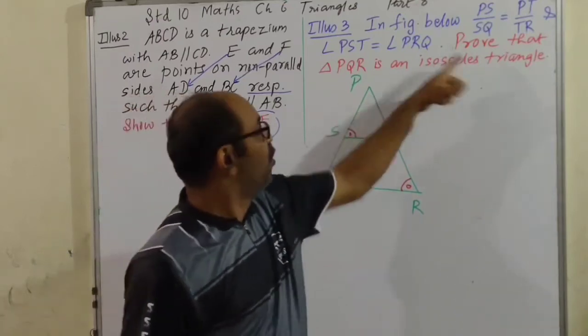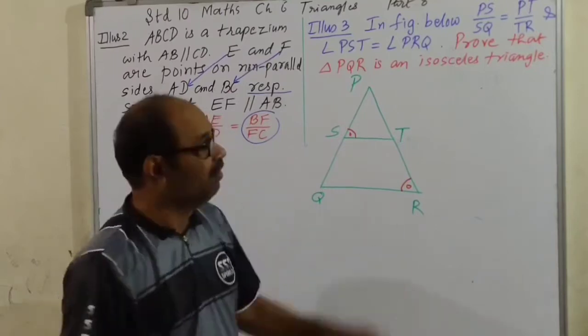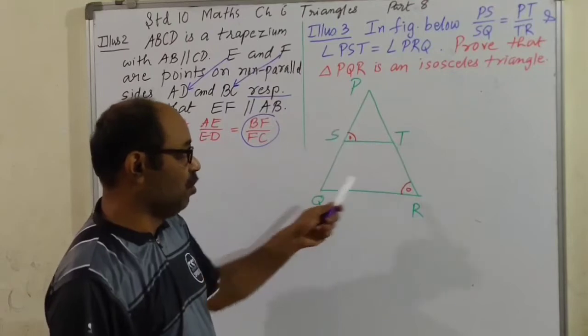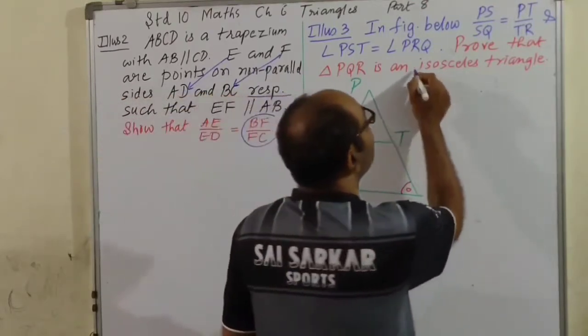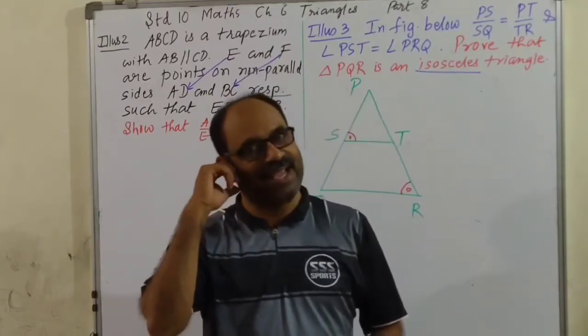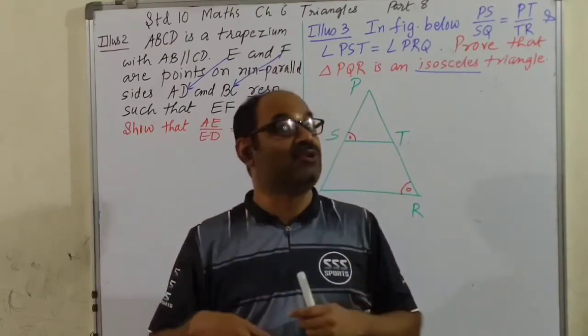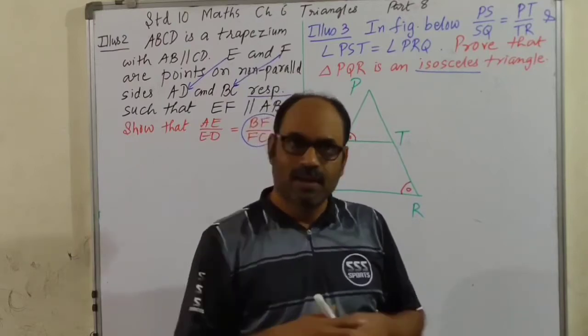Data. Prove that triangle PQR, the big triangle that you see, is isosceles. Can you recall what an isosceles triangle is? Any triangle having two sides equal or congruent is called an isosceles triangle.